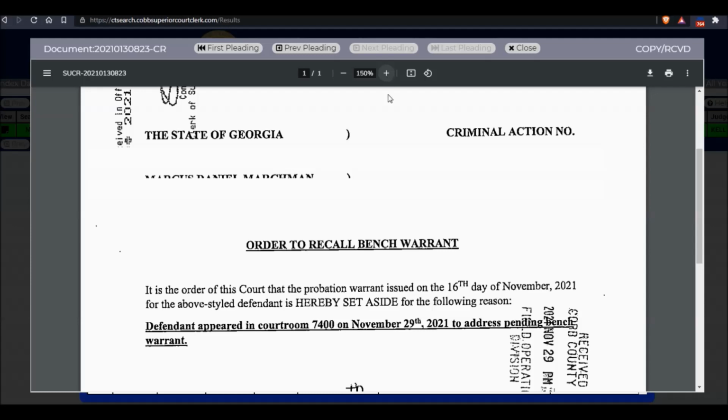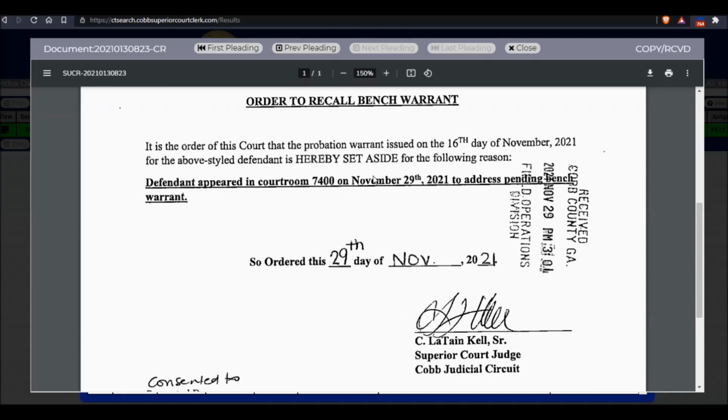After all that trash, now you got to fix it up. Look at this. Order to recall bench warrant. It is the order of this court that the probation warrant issued on the 16th day of November 2021 for the above style defendant is hereby set aside for the following reasons. Defendant appeared in court.